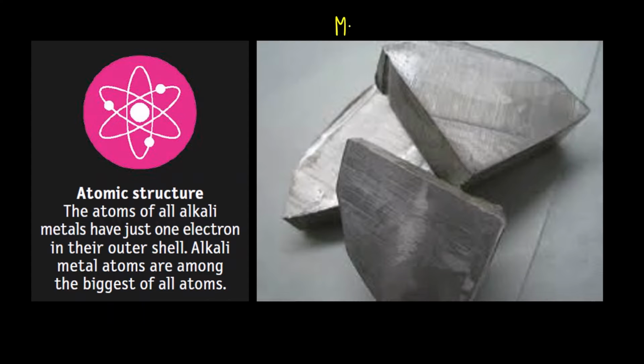Because they react with moisture present in air, and they become a slightly dull color, not as lustrous or shiny as we will see in the next slide. So what is their size? They belong to the extreme left of the periodic table, so they have the highest atomic sizes. They are among the biggest of all the atoms, and all are metals.